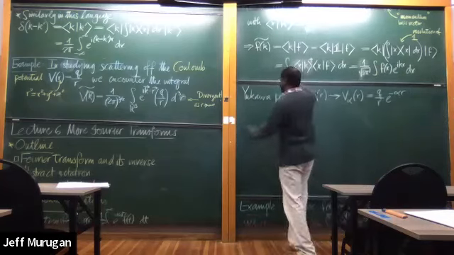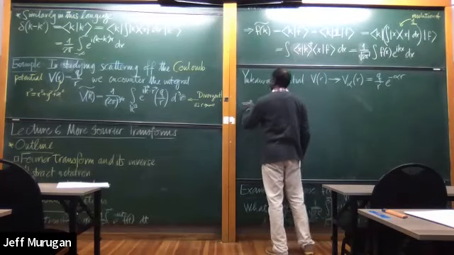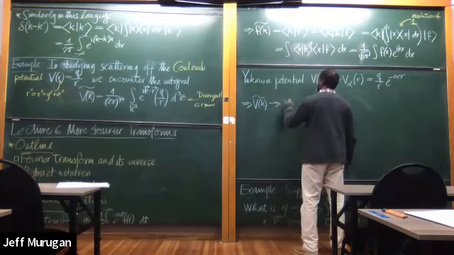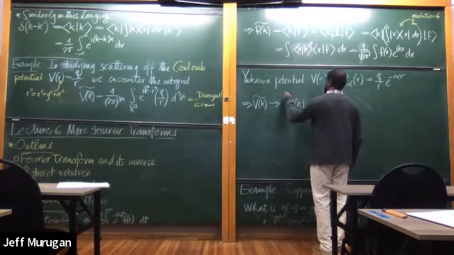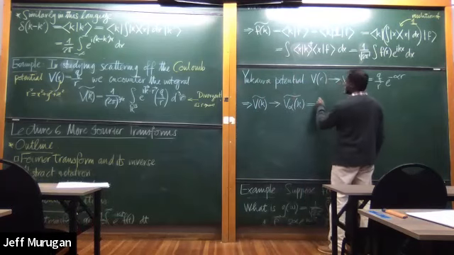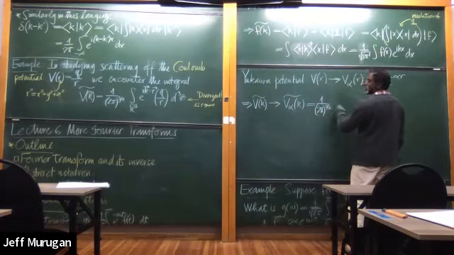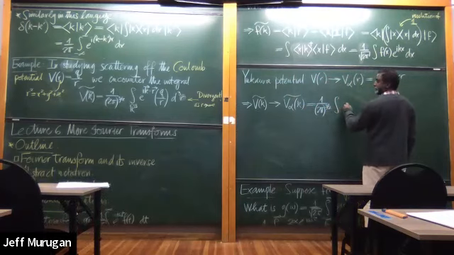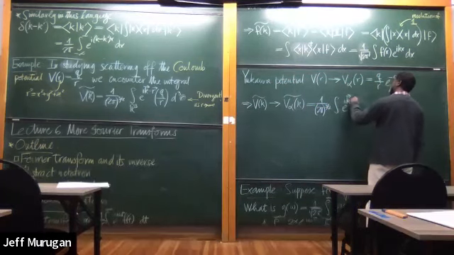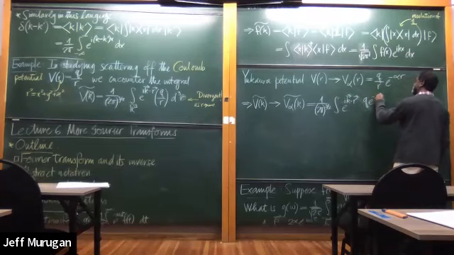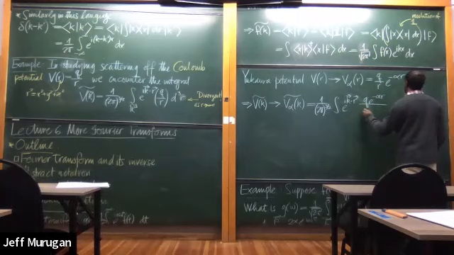In that case, our V tilde of k goes to some V alpha tilde of k, which is just 1 over 2 pi to the 3 halves times the integral of e to the plus i k dot r times Q over r times e to the minus alpha r, where r again is the square root of x squared plus y squared plus z squared.